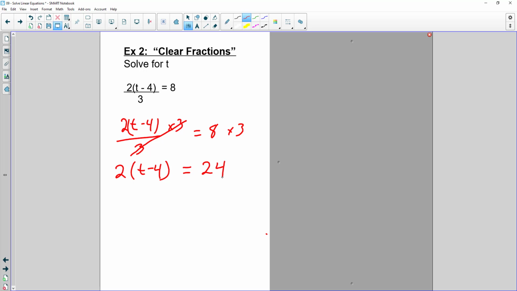We can either expand out these brackets, or we can divide everything by 2 right now to get the brackets alone. Let's divide everything by 2. That leaves us with t minus 4 on the left, equal to 24 divided by 2, which is 12. So t minus 4 equals 12. I'm going to add 4 to both sides, and I get t is equal to 16.